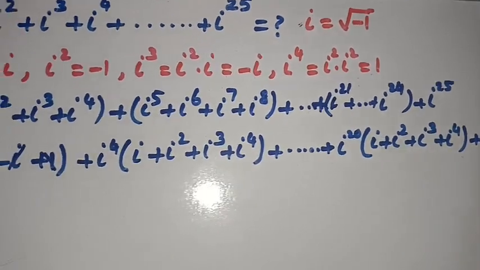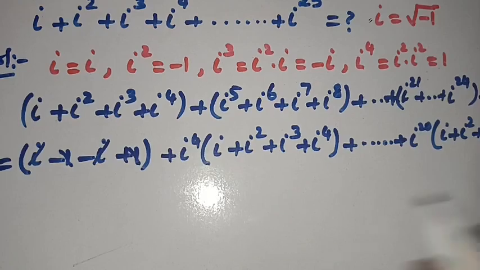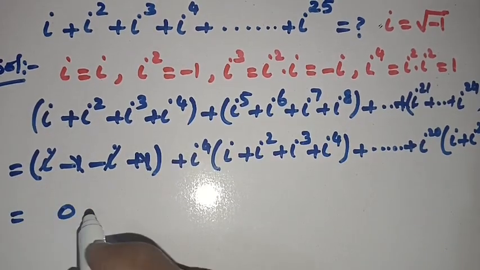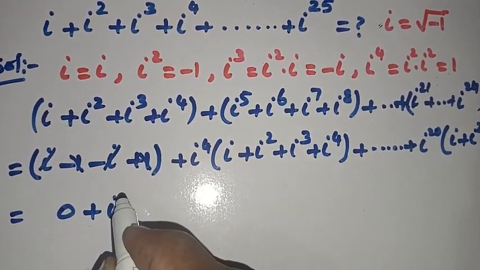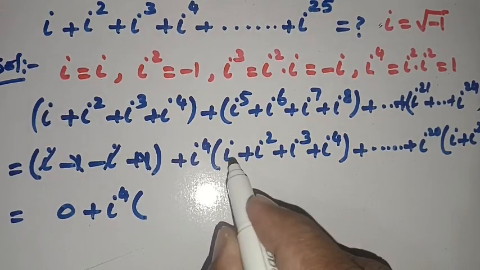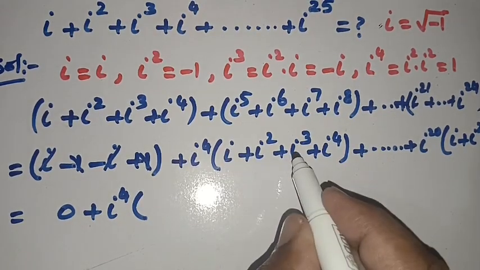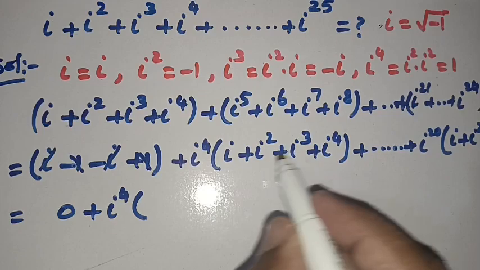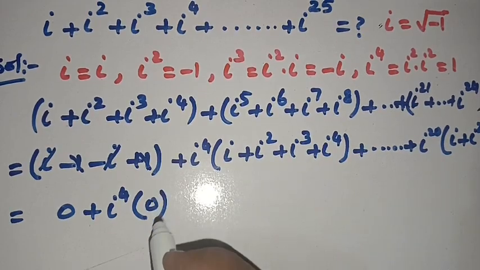This we get here. So now this is 0, plus i to the power of 25. And as the same, i plus i squared plus i cubed plus i to the power of 4 sums again to 0.